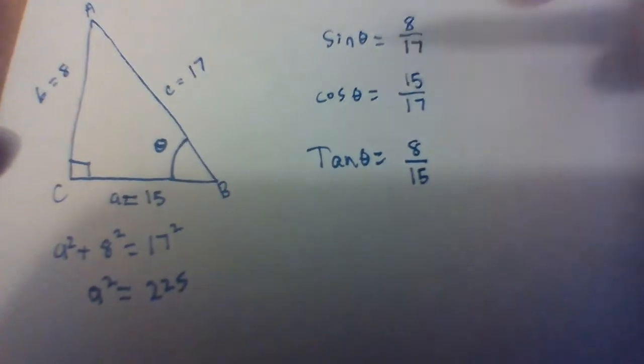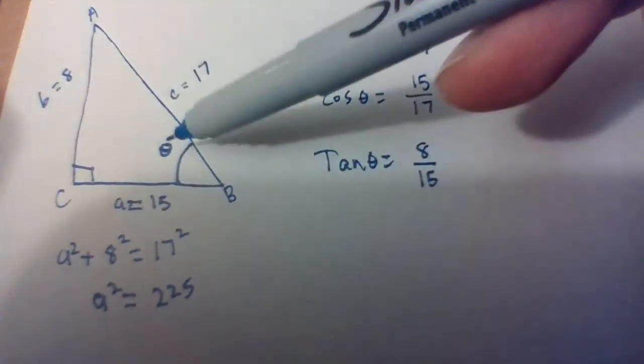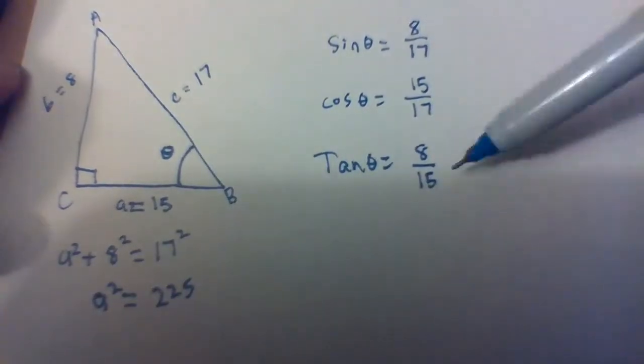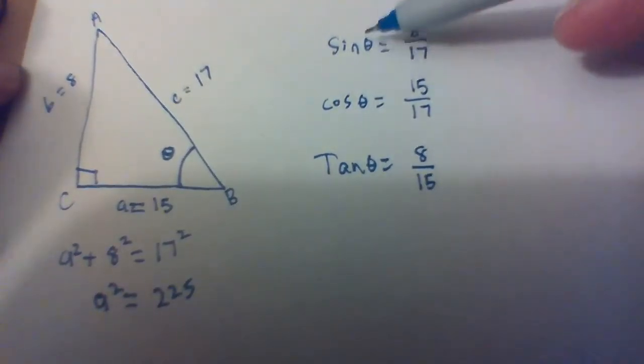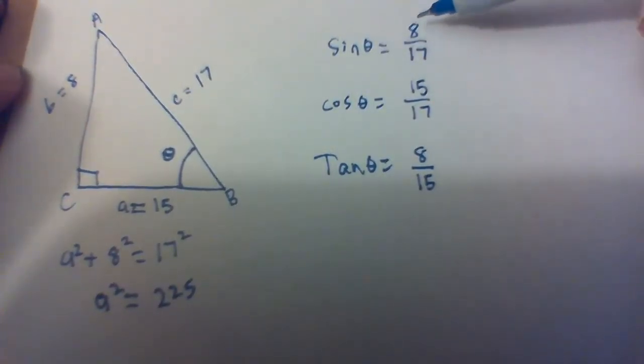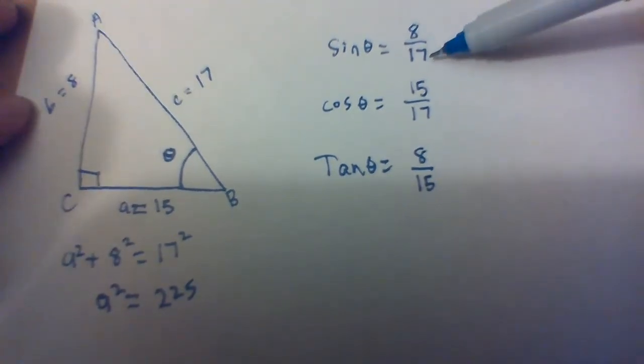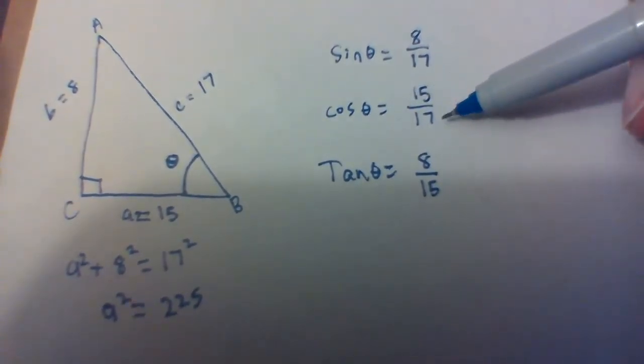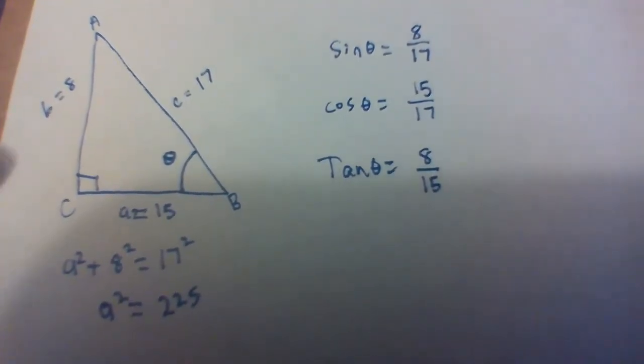Okay, so you're just finding the ratios of the length of the side. So if you have sides of this, the angle would always be the same, and the ratio of these sides would always be that. So whatever theta is, the ratio of the opposite divided by hypotenuse is 8 over 17 always. Okay, the ratio of the adjacent side to the hypotenuse is 15 over 17 always.